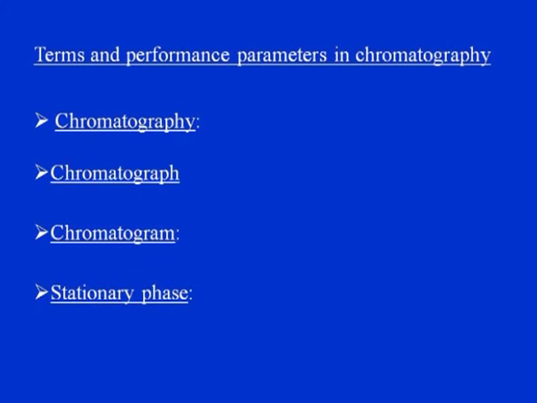Then stationary and mobile phase. The stationary phase is the substance which is fixed in place for the chromatography method. It is immobilized on a support particle and can be packed. It could be solid, gel, or liquid.